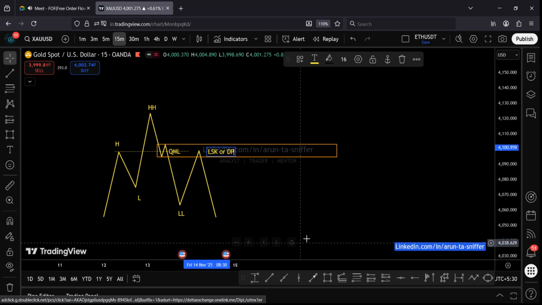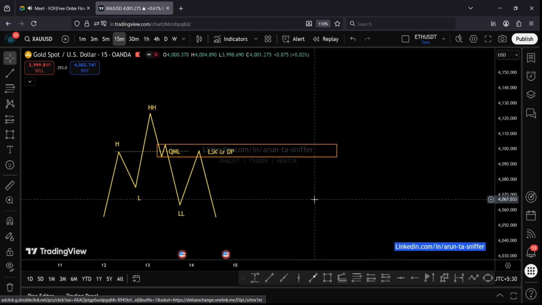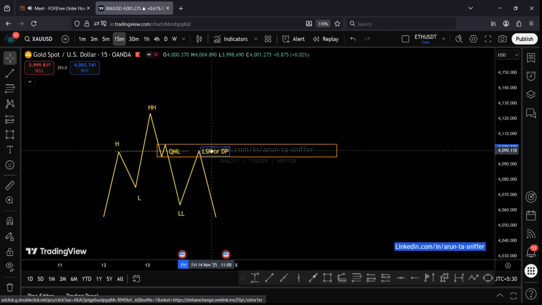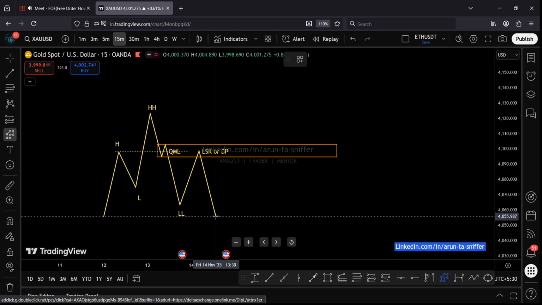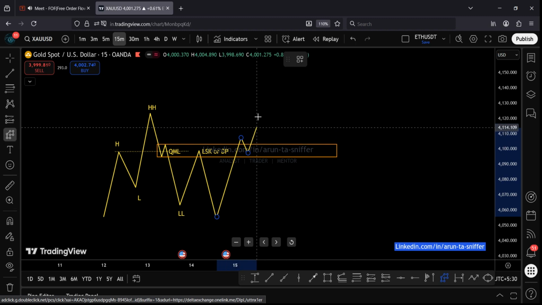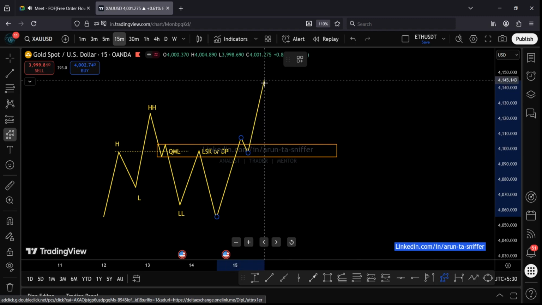Okay, so what happens when price goes up again like this, and crosses it like this?